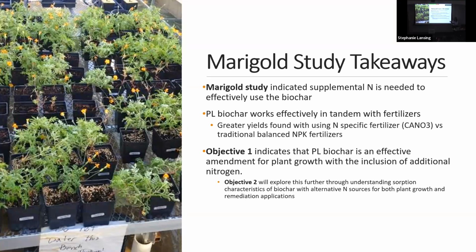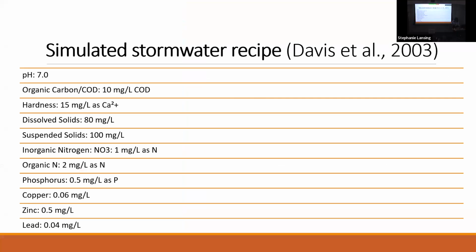So this is objective 1, but objective 2 will further explore this through understanding the deeper absorption mechanics and characteristics of biochar, in addition to utilizing not just our typical greenhouse fertilizers, but alternative nitrogen sources as well from digestate and wastewater.